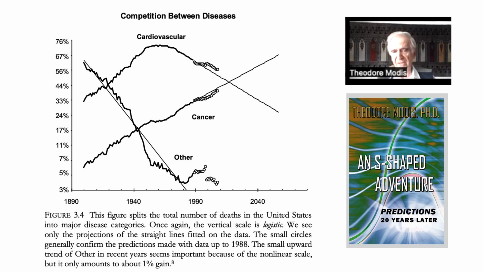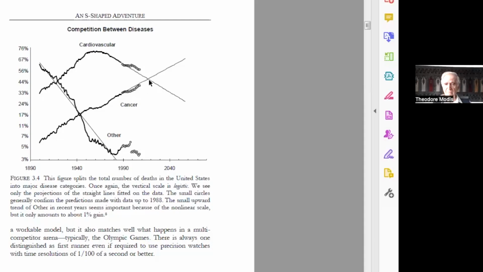The cancer doesn't have to be refit because it never changed, but the cardiovascular entered a declining course. So there's another straight line here. And I had anticipated back in 1992, when my first book was published, that by 2022, there would be equal amounts of people dying from cardiovascular and cancer diseases. We see already that there was some deviation here.